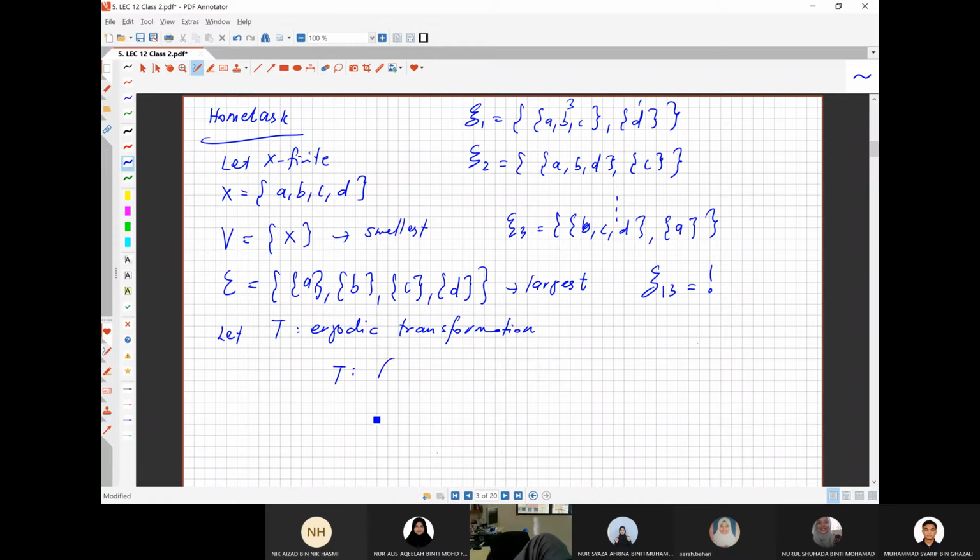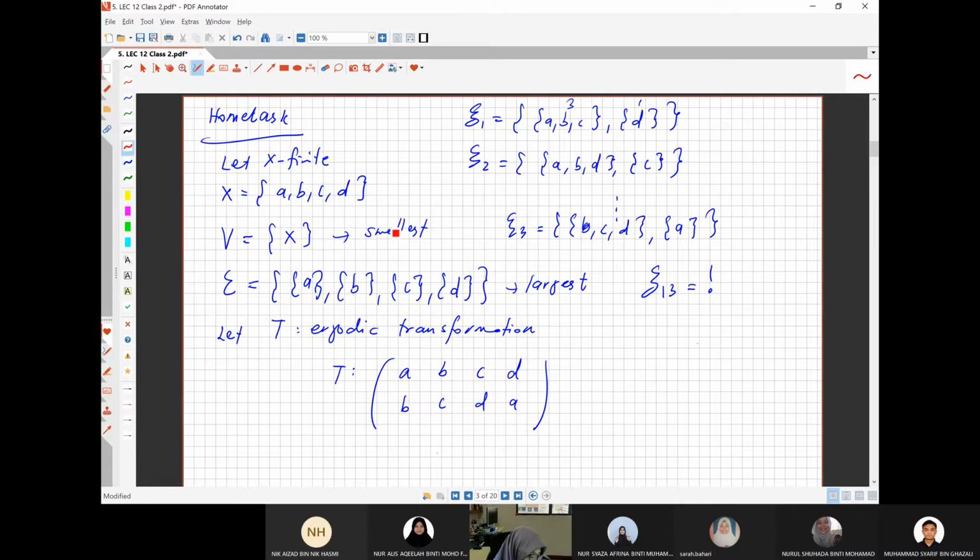So for an ergodic transformation, what do you have? If you have A, B, C, D, one of the examples, we can have A to B, B to C, C to D, and D to A. So how can you determine that this transformation is ergodic?